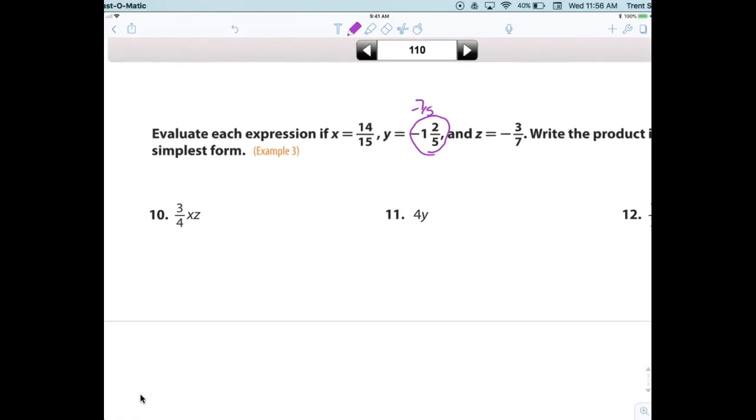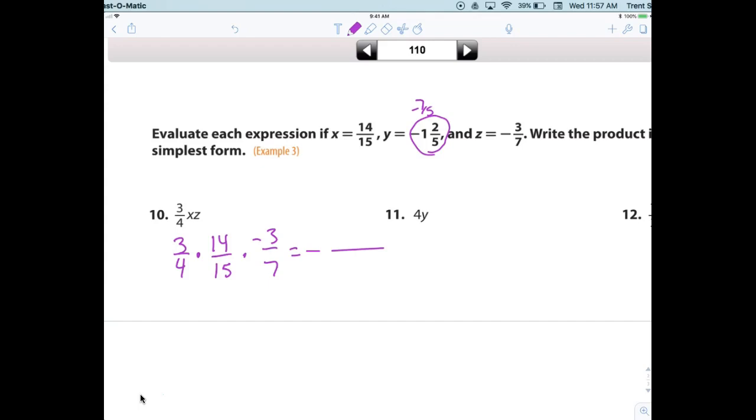Tell me, how do I do number 10? You do 3 over 4 times 14 over 15 times negative 3 over 6. So my final answer is going to be positive or negative? Negative. Yes, negative. Now can I reduce anything?